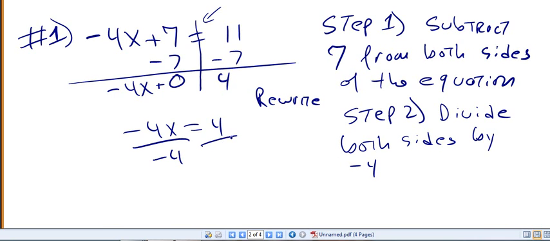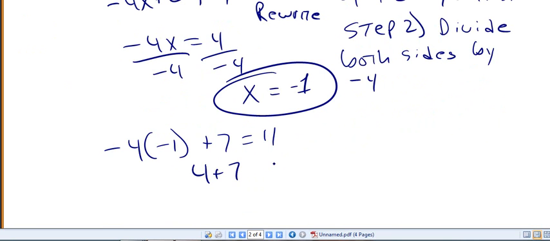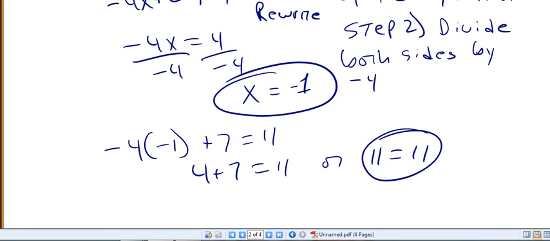Dividing both sides by negative 4, x is equal to negative 1. You know that's right, because if you do negative 4 times negative 1 plus 7 is equal to 11, you get 4 plus 7 is equal to 11, which is 11 equal to 11. So that's the first problem.